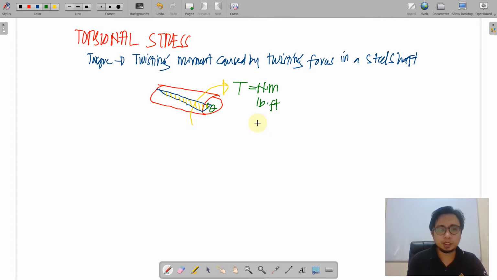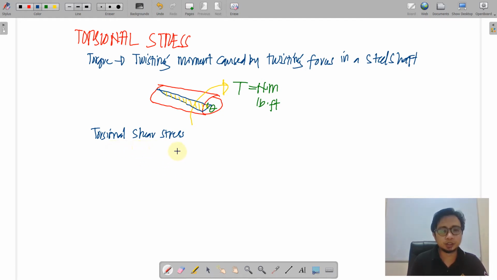So basically, if the force is on the parallel axis of the member, and we have a rotation on the parallel axis, therefore it is torsional stress.